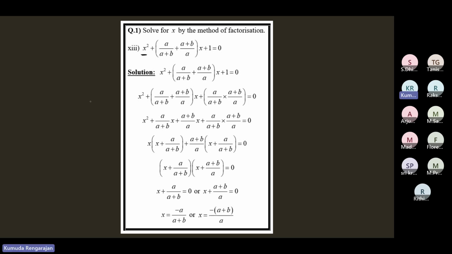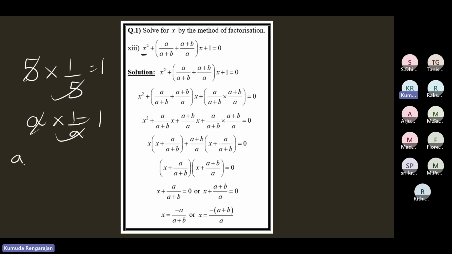So here what you have to do is, we know that the product of a number and its reciprocal is 1. The product of any expression and its reciprocal is 1. Now, a and its reciprocal, 1 by a, is 1. The product of this expression a plus b and its reciprocal, 1 by a plus b, is 1.